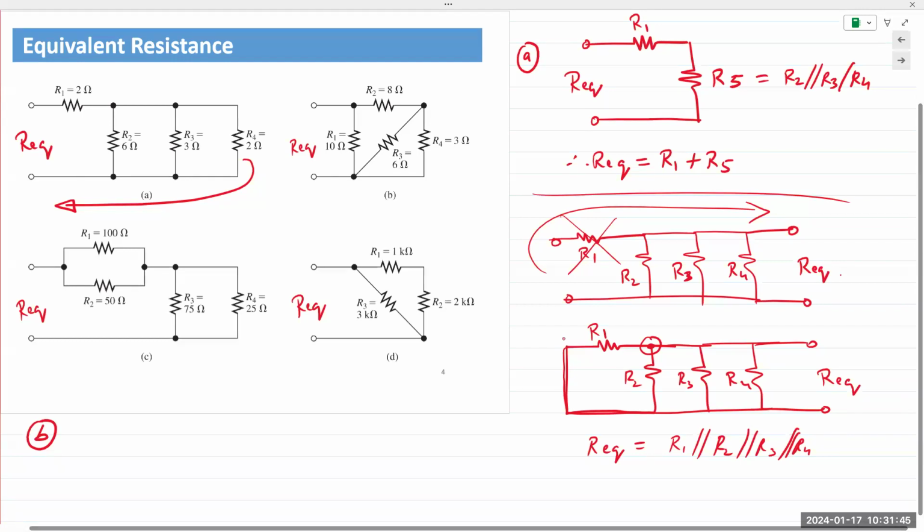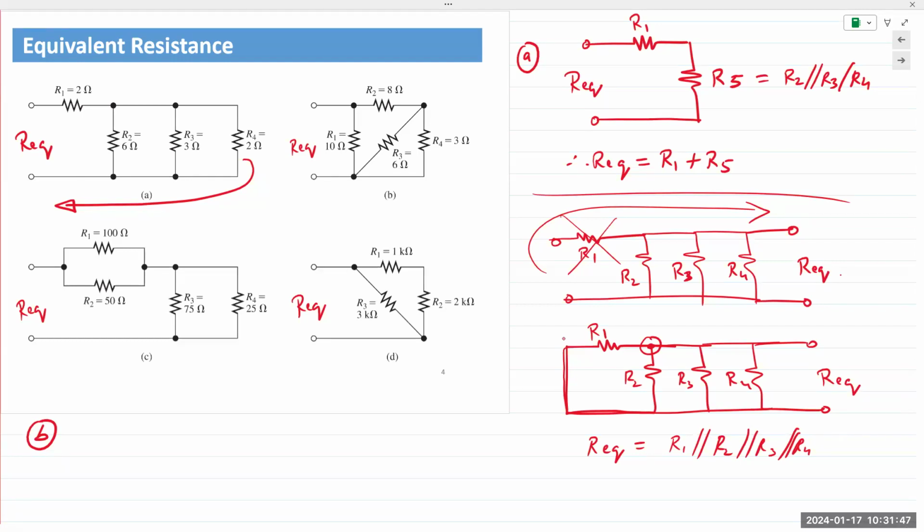Farthest end, I have R4. The next is R3. R4 and R3 are connected at one end. There is a third connection at that junction. The top end, R4 and R3 are connected, but there's a third connection at that junction. That means they are not in series.